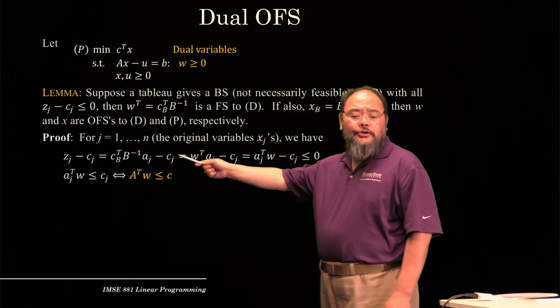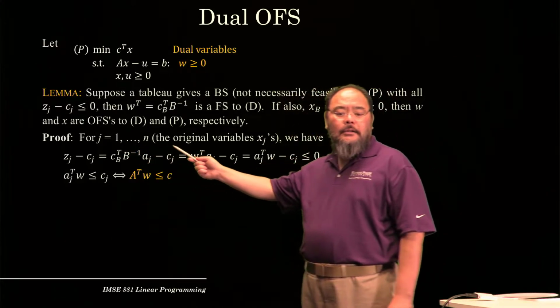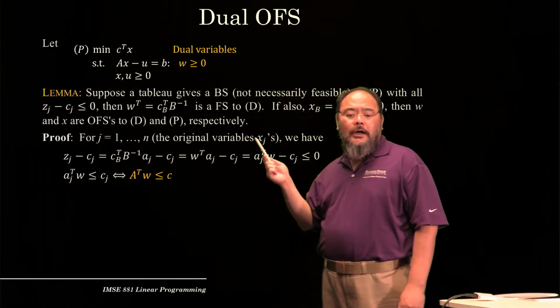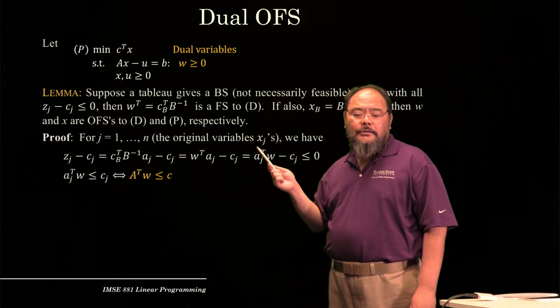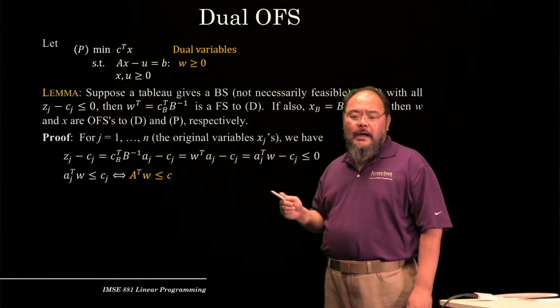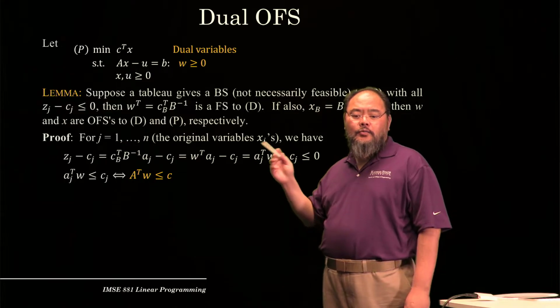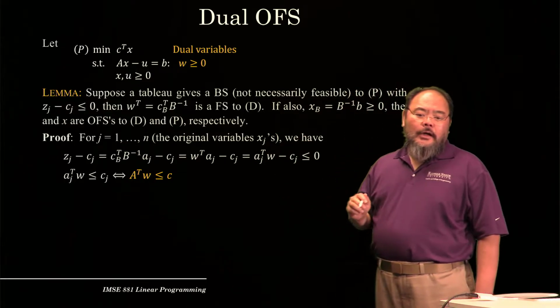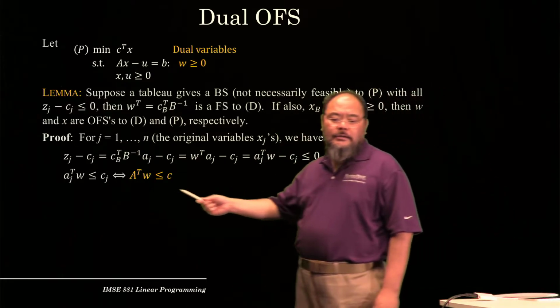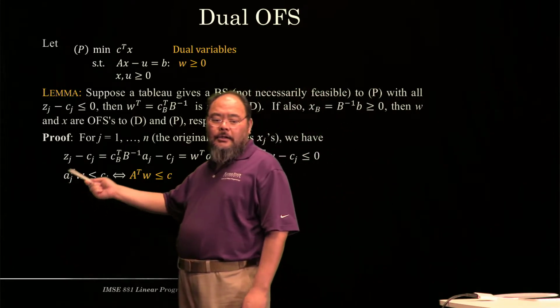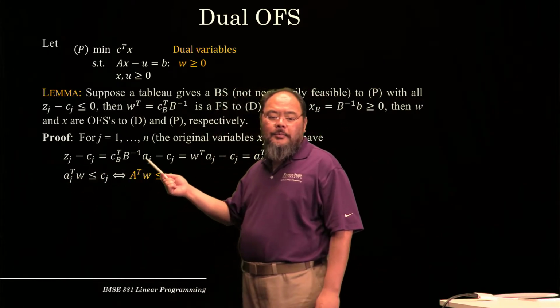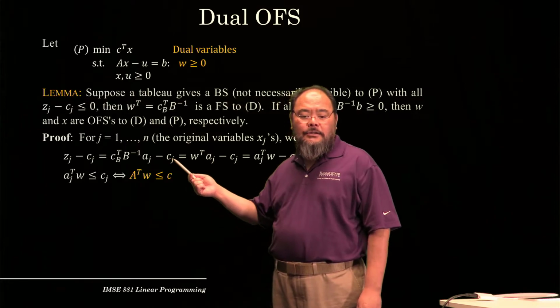For j equals 1 to n, which corresponds to the original variable xj, like the previous tableau corresponding to x1, x2, and x3, we have zj minus cj equals cb transpose times b inverse times aj minus cj.